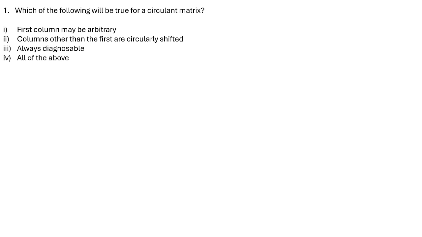The first option is first column may be arbitrary. That questions our knowledge about circular matrix, whether it imposes a specific structure over the elements of the column or not. Second one considers the columns other than the first are circularly shifted. Third is always diagonalizable, and fourth is all of the above are true for a circular matrix.